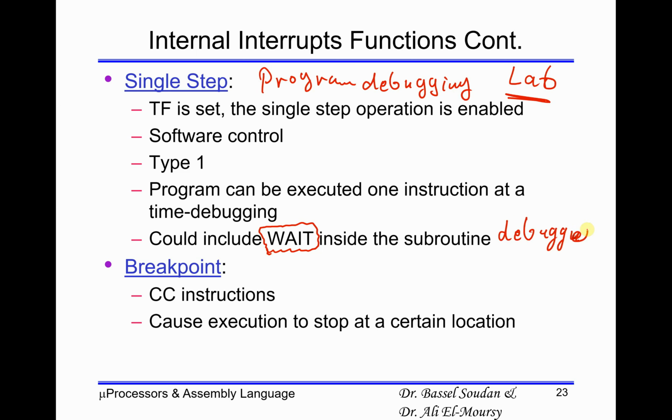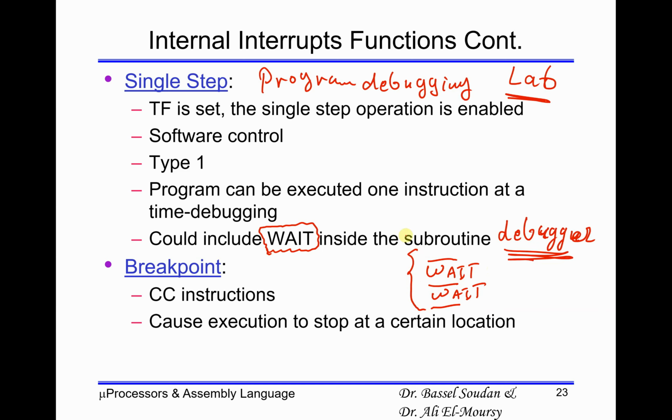The debugger is some tool that takes your program and inserts the wait instruction after each and every instruction in your code. After each instruction we have a wait. In this fashion, after the microprocessor executes each of your instructions, it will wait. It will be interrupted.